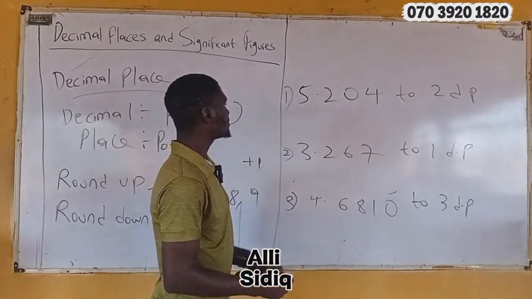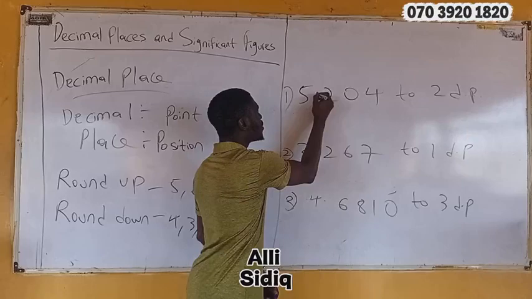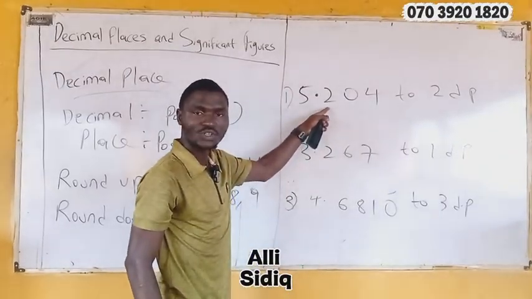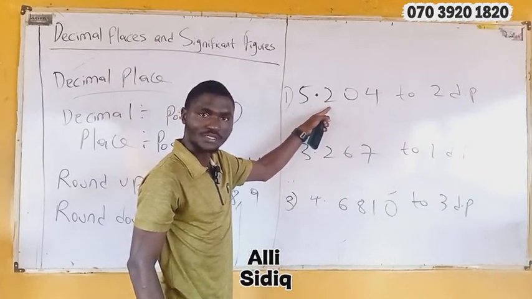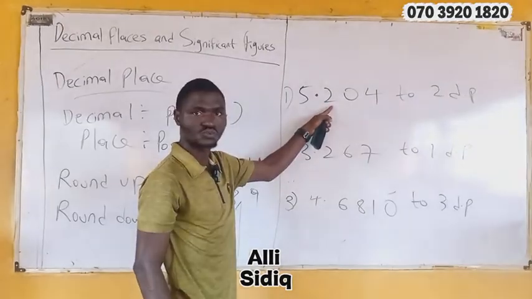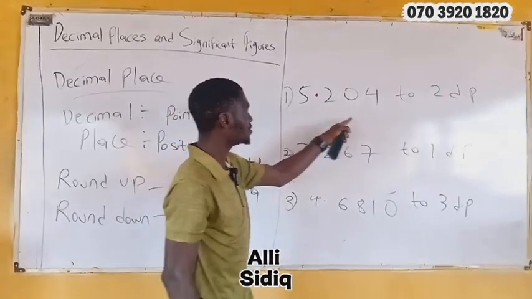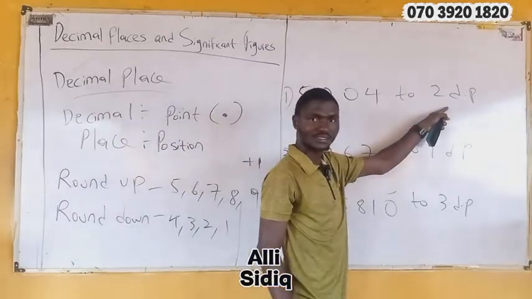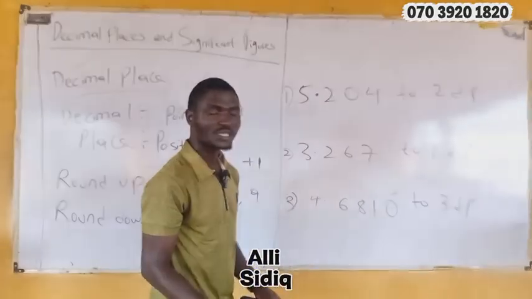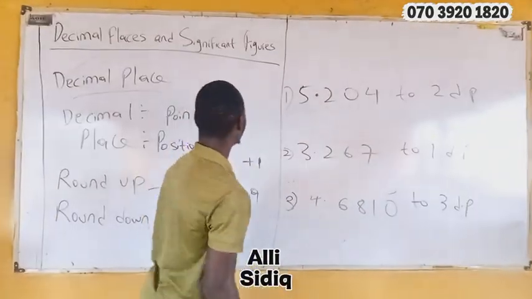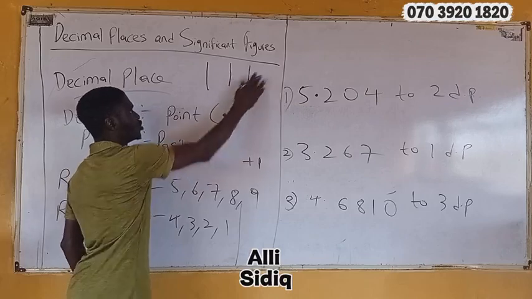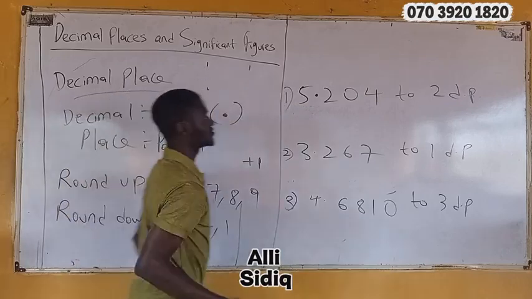So to take this to 2 decimal places, I need to start from the number immediately after my point. I'll be using a boundary. What do I mean by a boundary? I'll be doing it like this. This is what I mean, a boundary. Hope you understand.